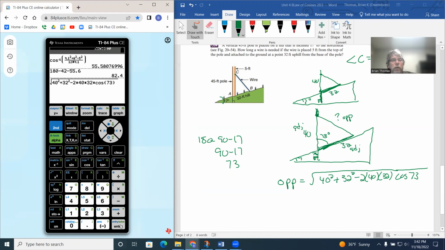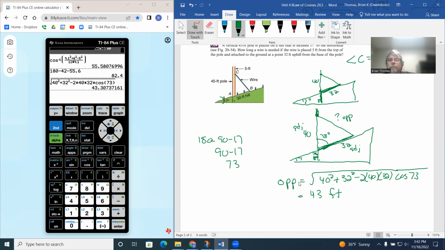And we're good, hit enter. That'll give us our opposite side length. Since the other numbers are rounded to the nearest whole number, we would just round that to the nearest whole number. So 43 feet would be the length of our wire.